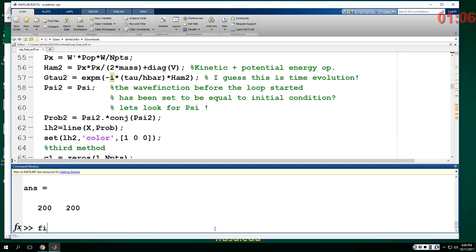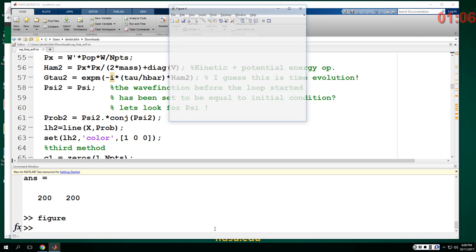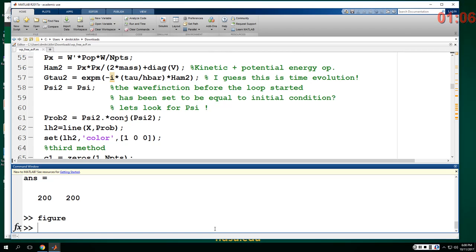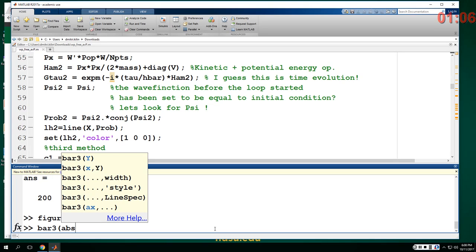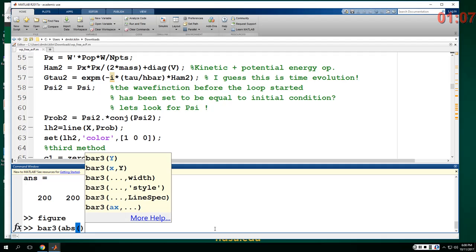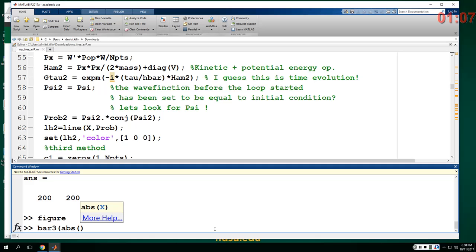So open new figure. And what was her advice? Bar3. Bar3. And just in case, if it is not real, it could be imaginary, I will do absolute value of px.